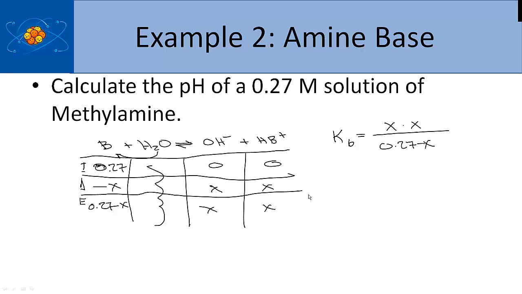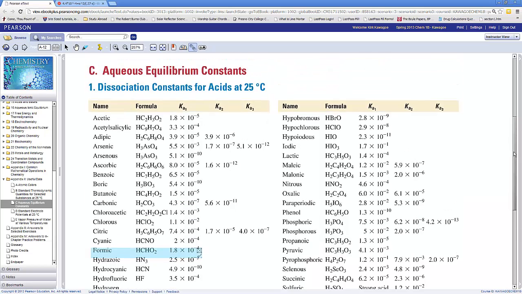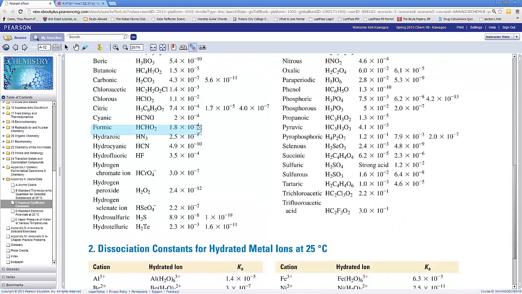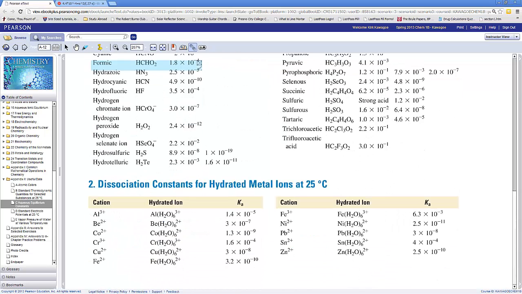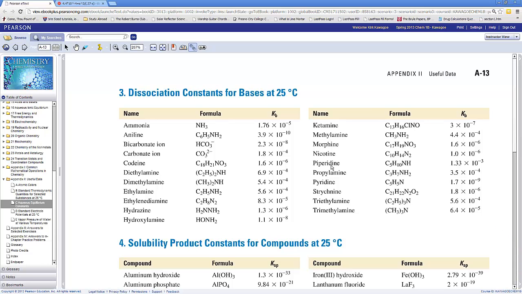Now, what's the weak base ionization constant? What is the value for Kb? So what we do is we go back over to our textbook, and you'll notice that this whole table is for dissociation constants of weak acids. Then there's some metal ions, and so we'll go to the next page, and what you'll see is dissociation constants for bases.